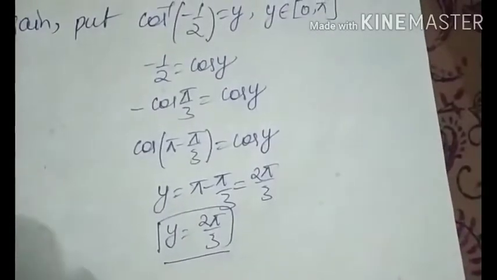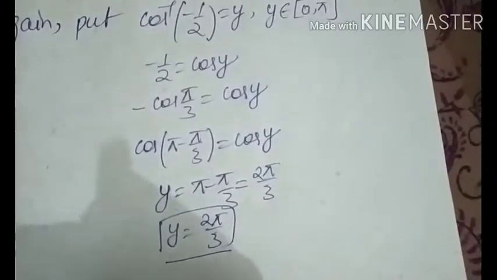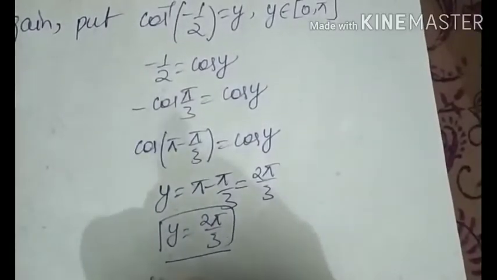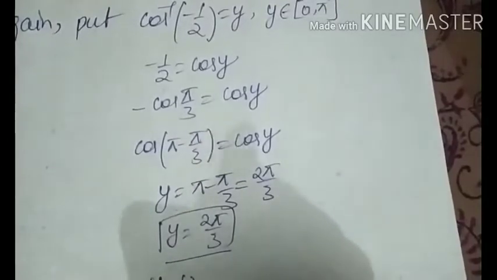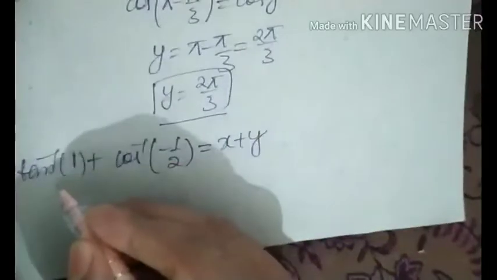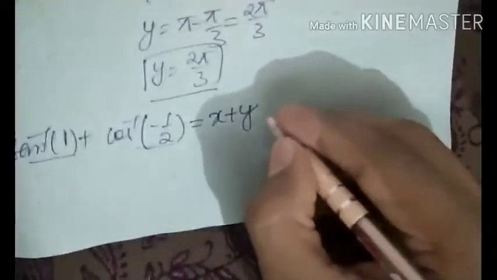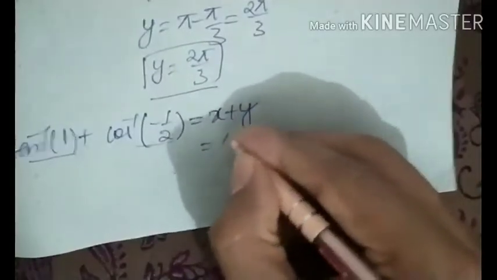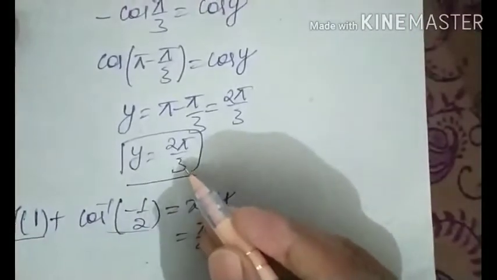Now the question was tan inverse 1 plus cos inverse minus 1 by 2, which is equal to x plus y. The value of x is pi by 4, and the value of y is 2 pi by 3.